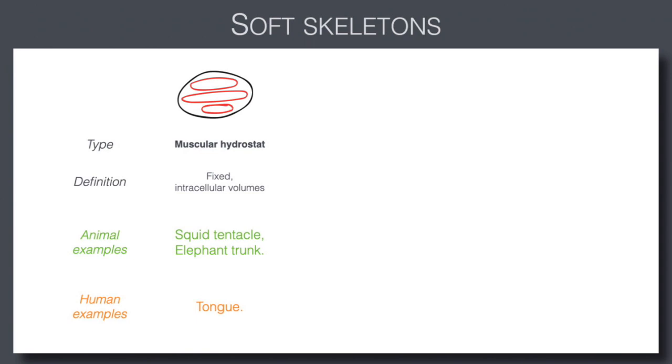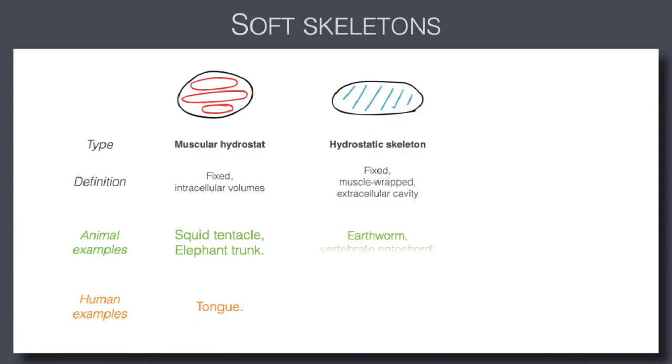Elephant trunk is another example. We have what's just called a hydrostatic skeleton. So this would be like the earthworm example. Earthworms are arranged in segments. Each segment is almost like a water balloon itself. And it's wrapped again in muscles, and if you squeeze a water balloon, it'll pop out in another direction, and so that basic principle applies to how earthworms generate locomotion.